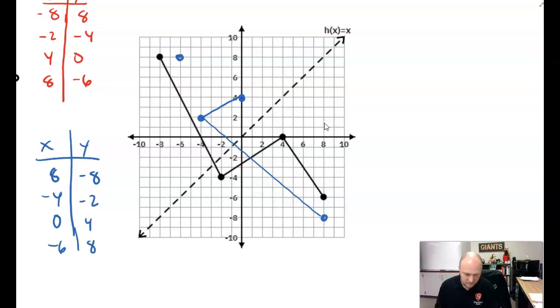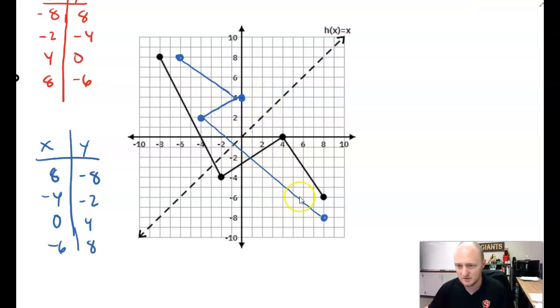If I can graph them. There we go. All right, so there's our function, and here's the idea: it should look like a mirror image if you fold this over onto the other side. That's what it should look like. All right, and then also any intersections should happen on this.